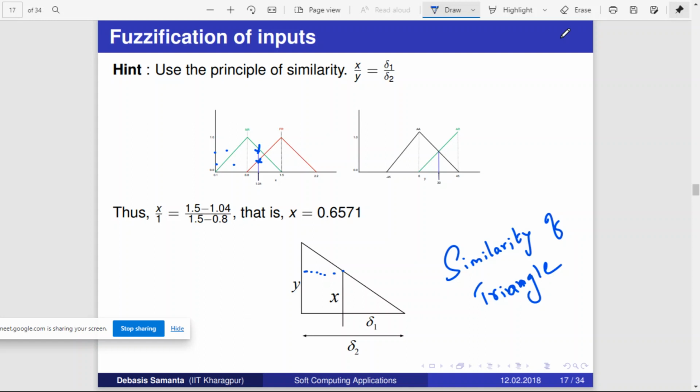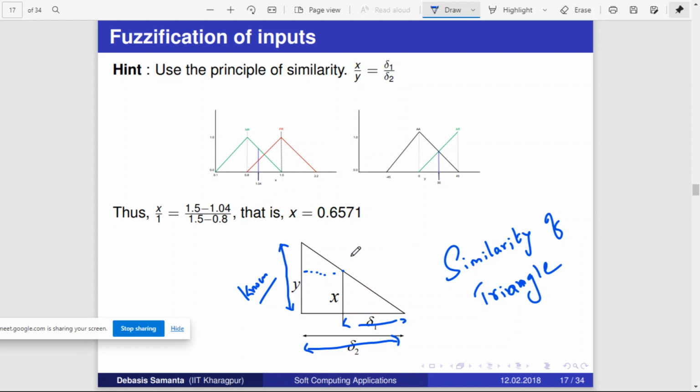Assume that this height is known. Then x by y is equal to delta 1 by delta 2. Delta 1 is the distance between this point and this point, and delta 2 is the distance between these 2 points. If you solve this equation, then you can find the value of x.